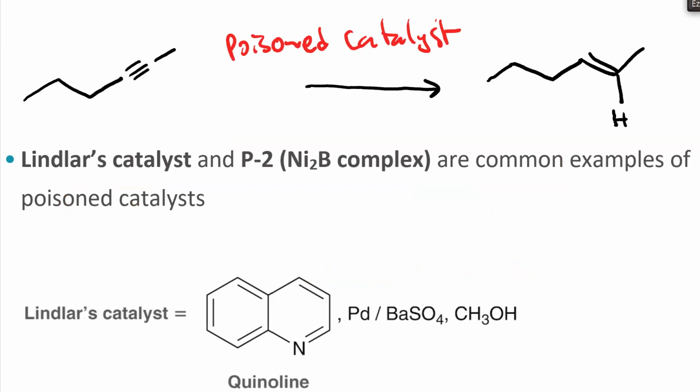Two examples of poisoned catalysts are Lindlar's catalyst and P2, which is an Ni2B complex. Lindlar's catalyst includes quinoline, which is this bicyclic here, palladium and barium sulfate in methanol.